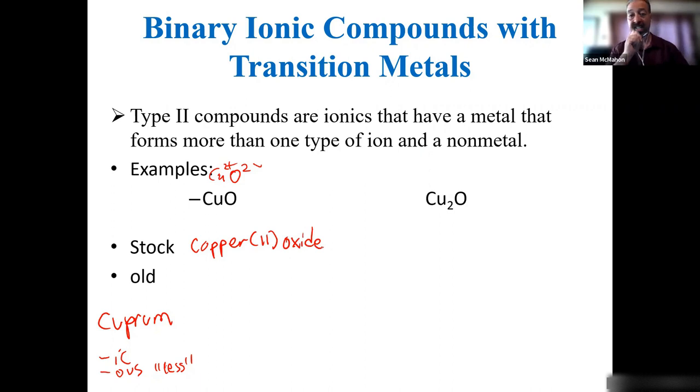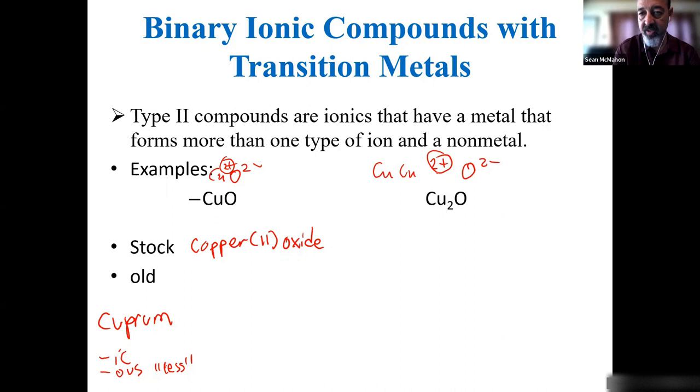Okay. Same thing here. I got oxygen. It's a 2-. 2+ cancels it out. However, this 2+, there's actually 2 coppers, not just 1. So this 2+ is shared over 2 coppers.